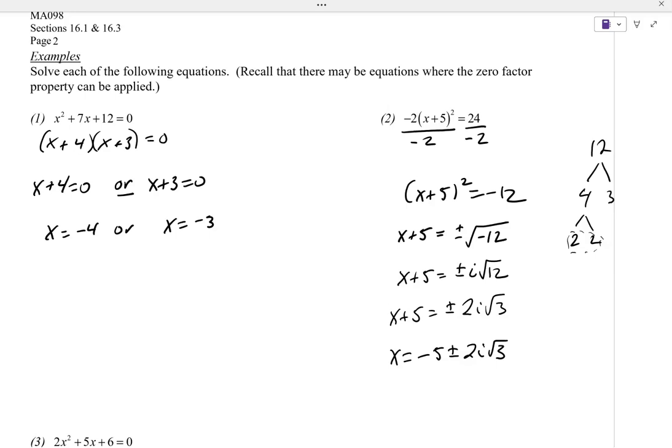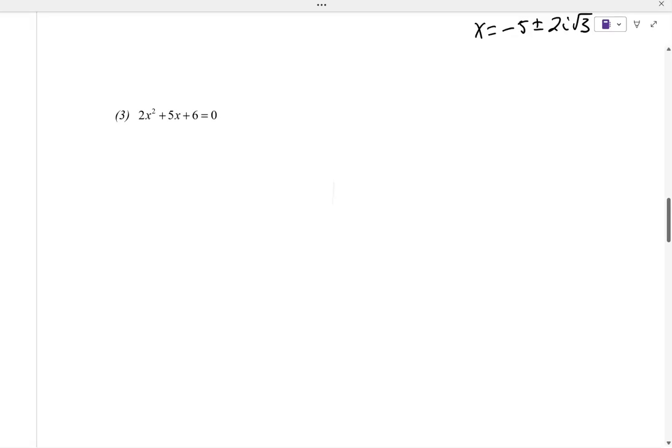Okay. Let's look at this last one, where we've got 2x² + 5x + 6 = 0. Again, if you can factor it, it's faster to factor.